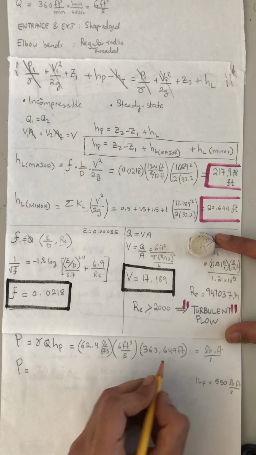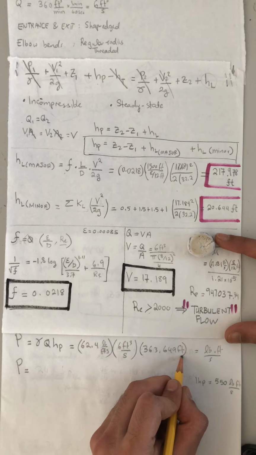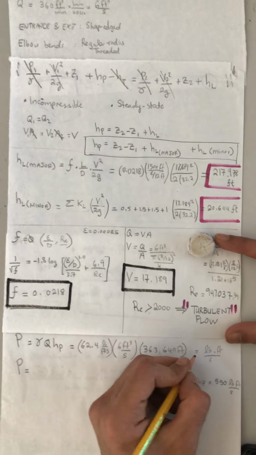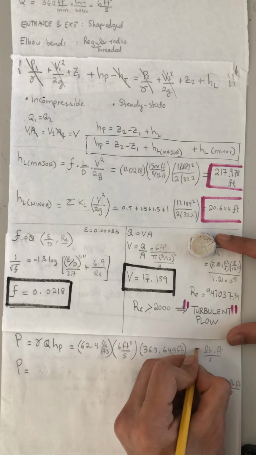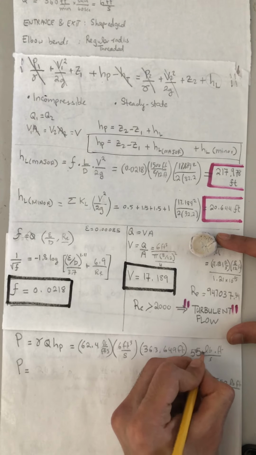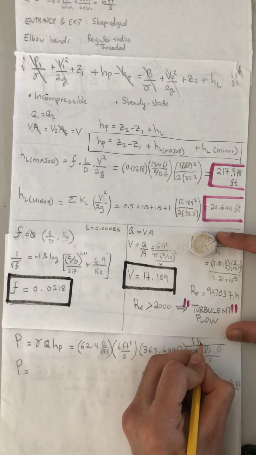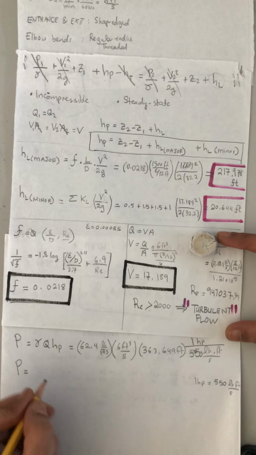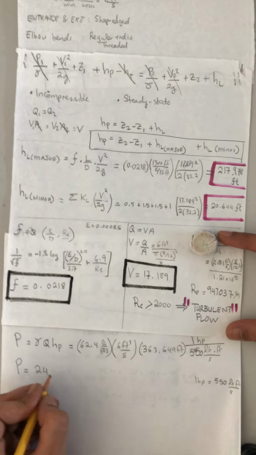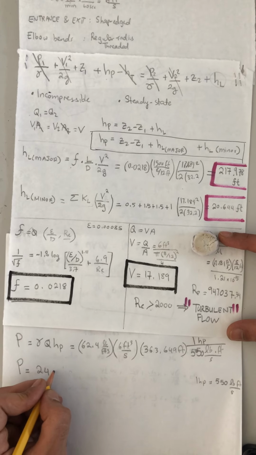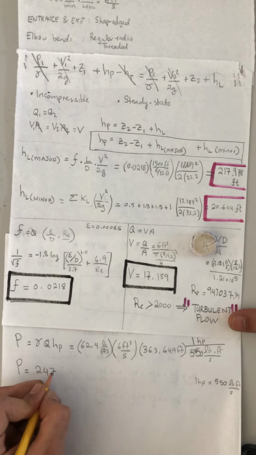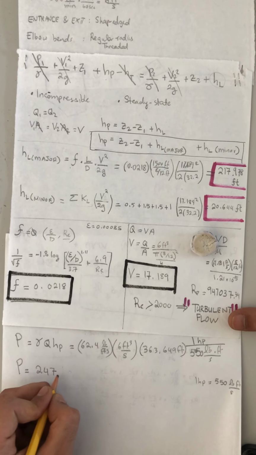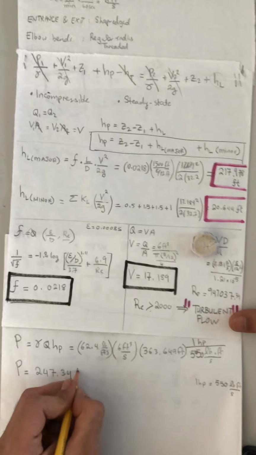So converting this to horsepower, we come with the power of the pump to be 247.34.